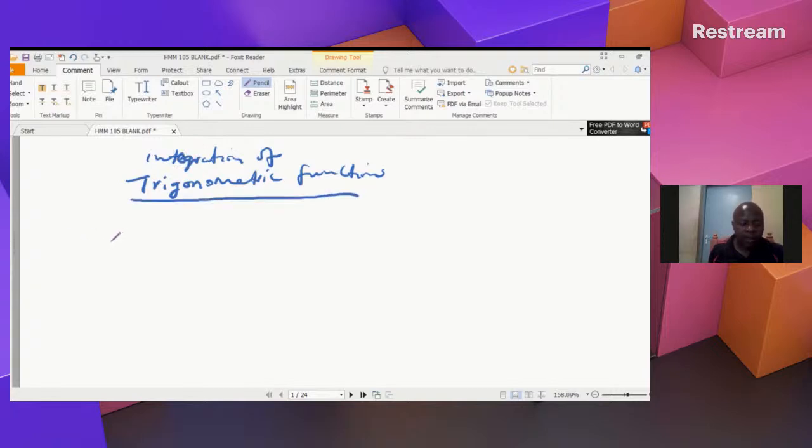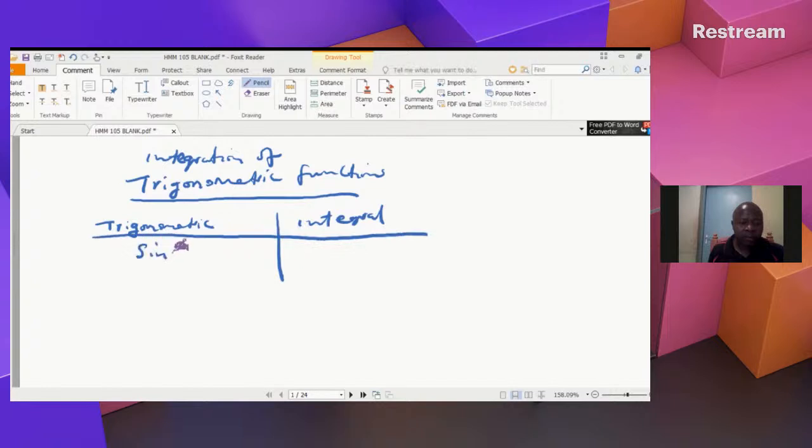Now, very important to us, we must know that if we are given a trigonometric function, what will be its integral? For instance, if I'm given sine of x, the integral of this will be negative cos of x.